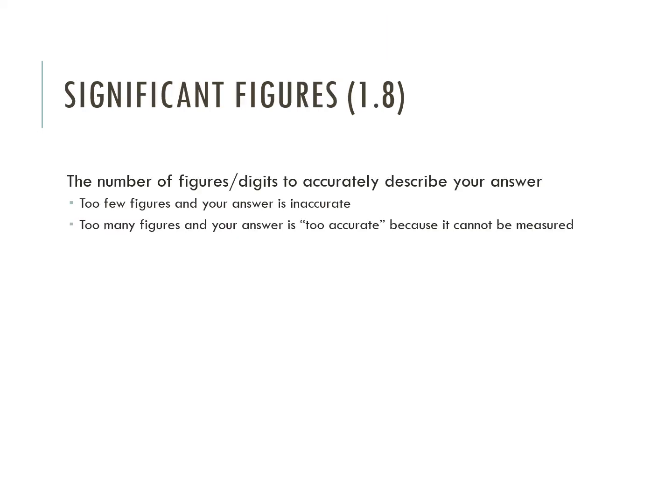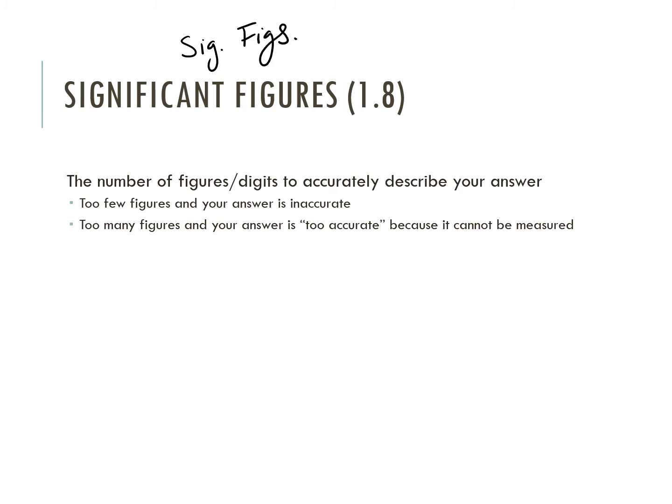The last thing I want to talk about for this video is significant figures or significant digits. Some textbooks use significant digits, some online sources use significant digits, while others use figures. I very commonly abbreviate it to sigfigs. It's the same thing.